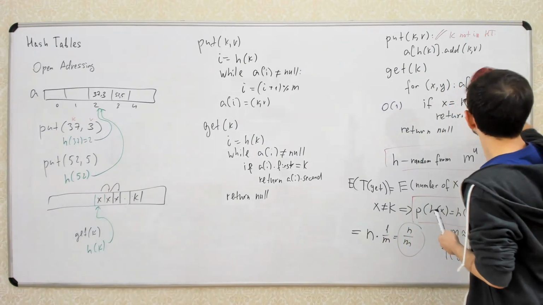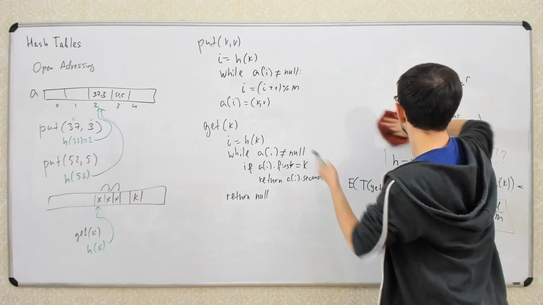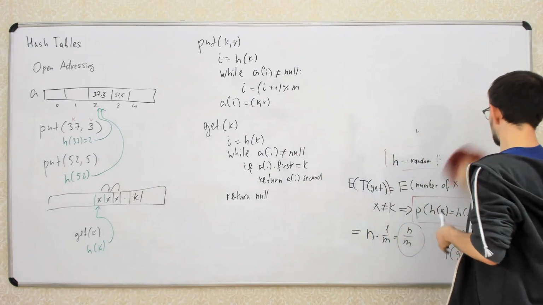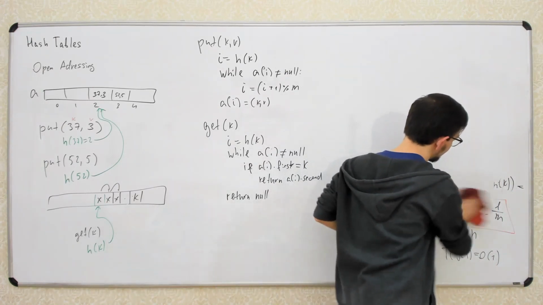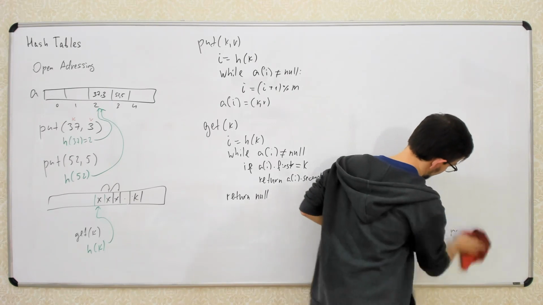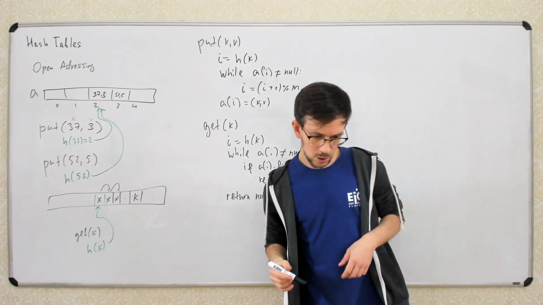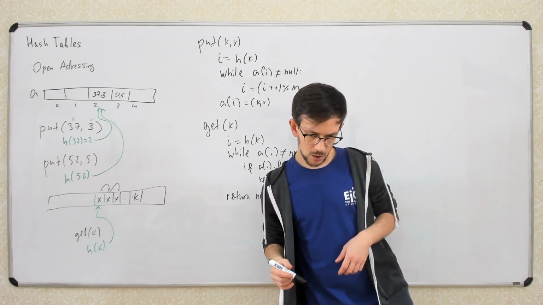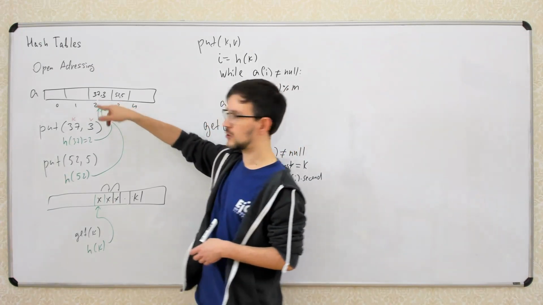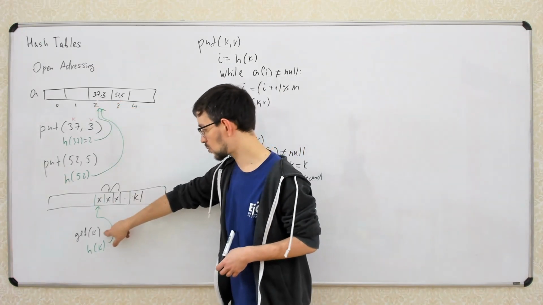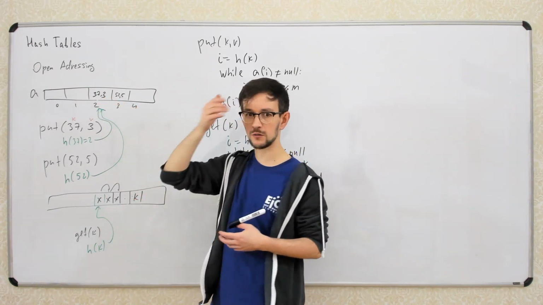Now, let's talk about time complexity and the size of the array. We need to store the pair of key and value, because when you make get, you don't know which key corresponds to this value.